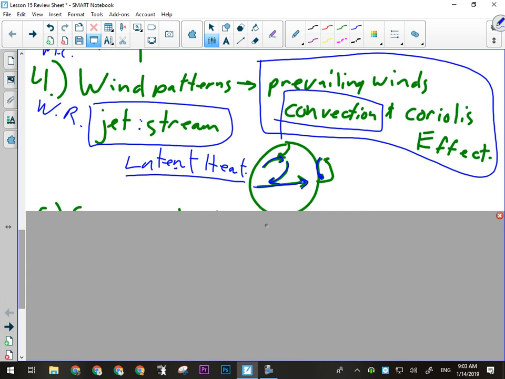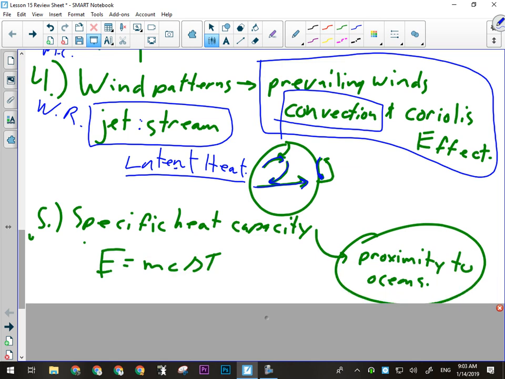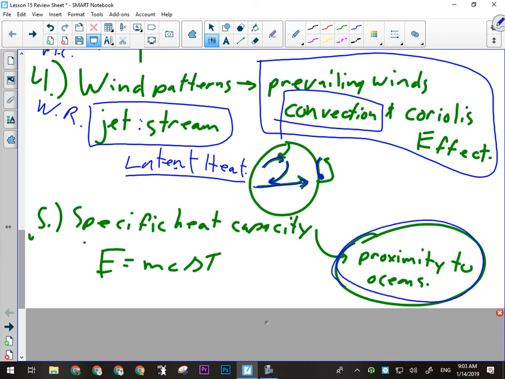Questions so far? All right, after we talked about that, we talked about specific heat capacity. Remember that specific heat capacity is why proximity to oceans is a factor that affects climate. Water has a very, very high heat capacity, so it can gain or lose lots of energy without changing its temperature very much.